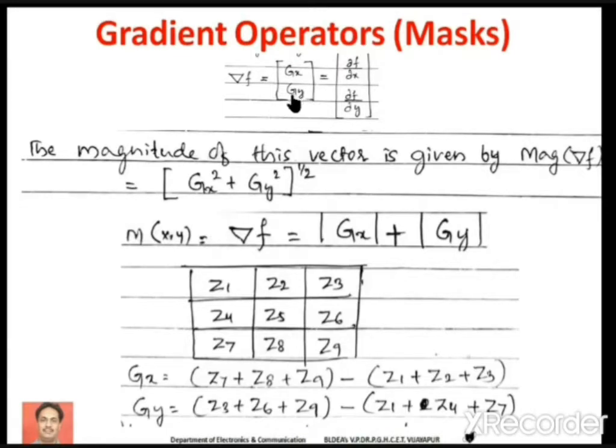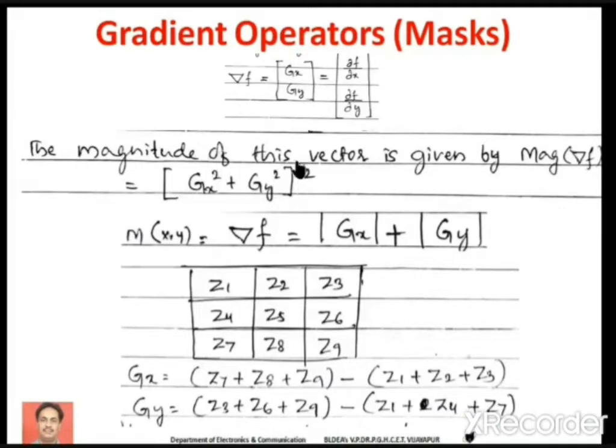That's why we require both the gradient along x direction and the gradient along y direction, and this can be equated to dou f by dou x, dou f by dou y, that is, the partial derivative of function f of x y with respect to x, and with respect to y.